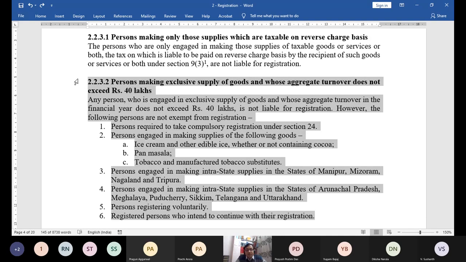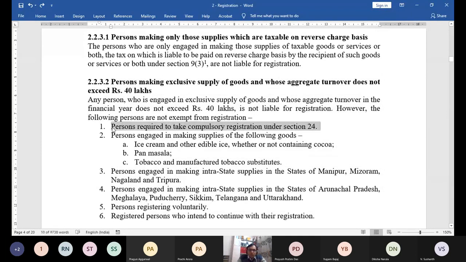Now there is a difference. If I am saying that I am not exempt from registration, it does not make me compulsorily liable. I am not exempt from registration under this point. Whether I am compulsorily liable or not depends upon those sections. So I will tell you this later on.